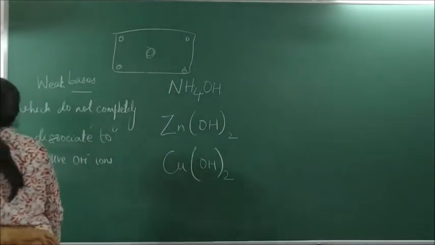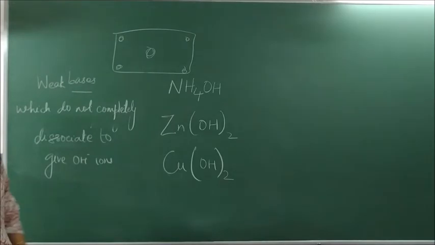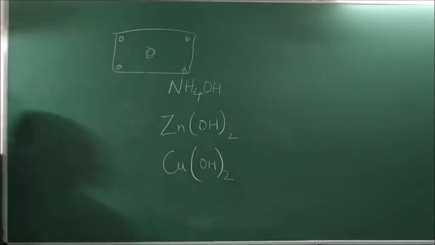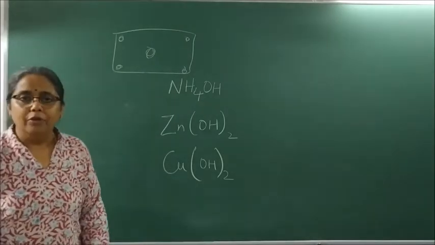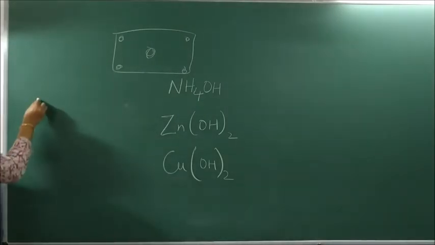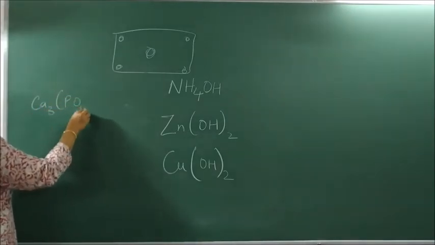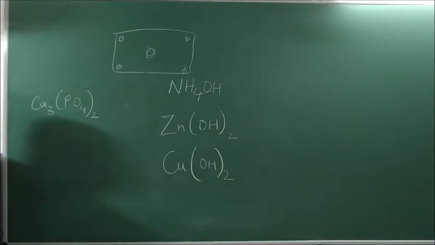Name the hardest substance in our body. The hardest substance in our body is calcium phosphate, which the teeth are made up of. Please write there the formula Ca3(PO4)2, calcium phosphate.